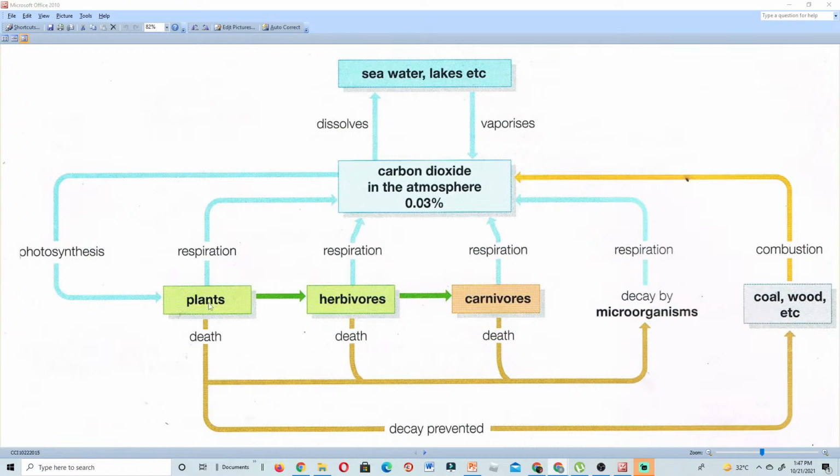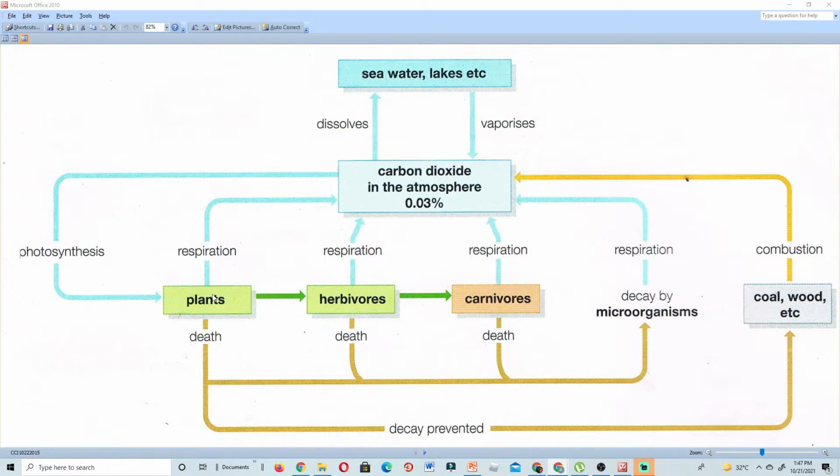This box is showing you how carbon dioxide is removed from the atmosphere, how it is taken up, and it is the process of photosynthesis that removes carbon dioxide from the atmosphere, simply because plants normally use carbon dioxide to make food or nutrients. So looking at the carbon cycle, you should at least know two things.